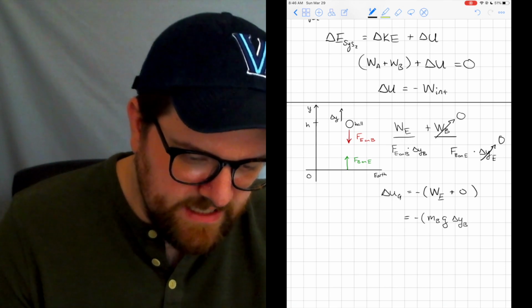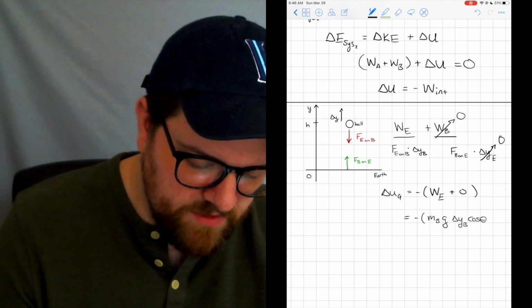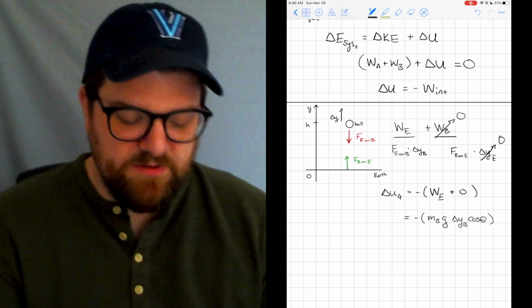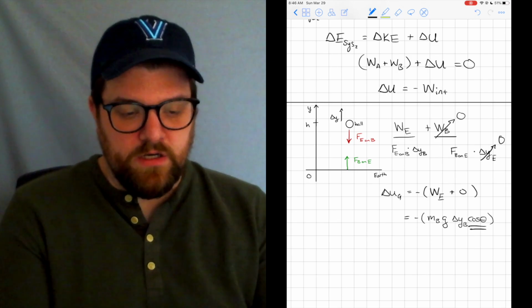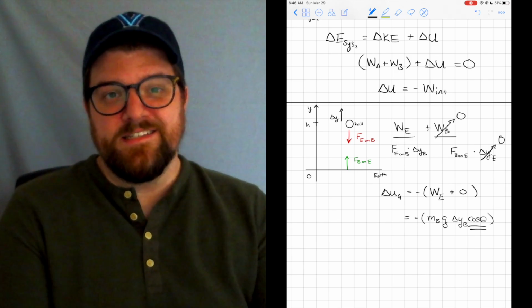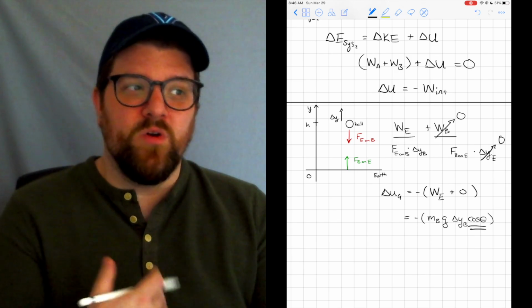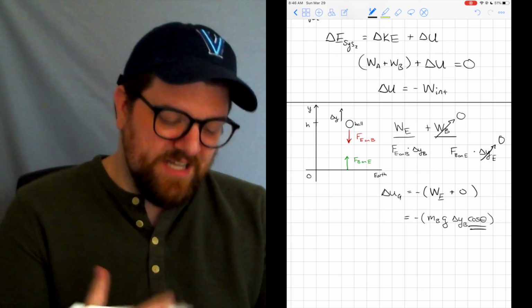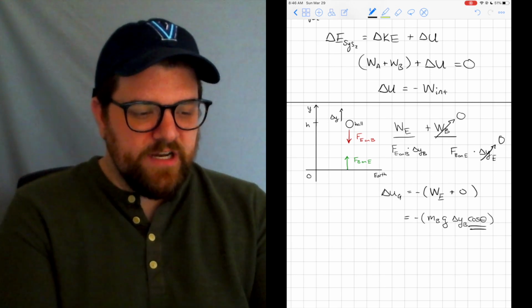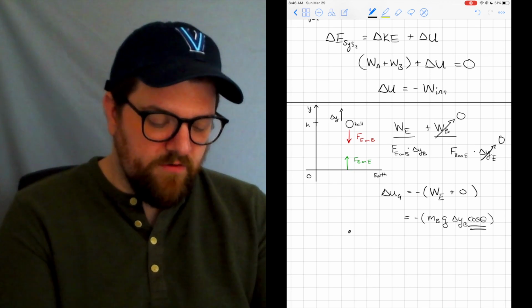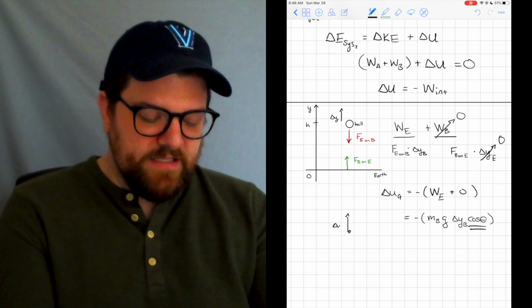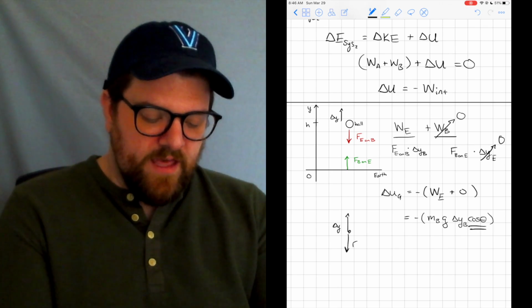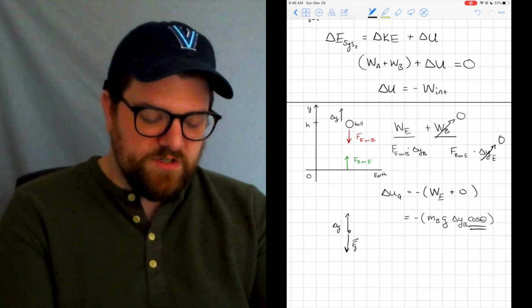And then, of course, I need to have this cosine of the angle between my displacement vector and my force vector. This is actually really important. This starts to tell me something about whether I'm gaining or losing potential energy. So let's break this apart. If I'm going up, if my delta y is up, then my force, of course, is down.